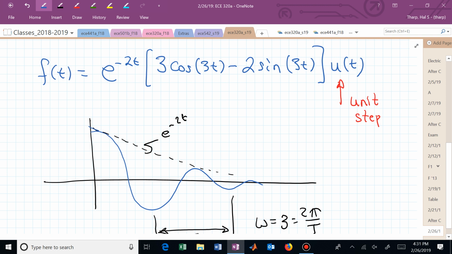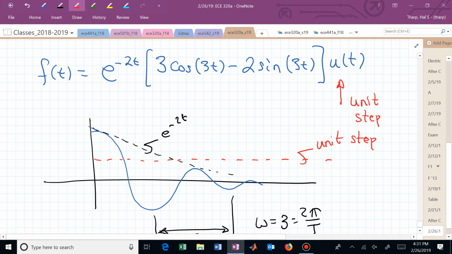I could plug in a minus 1, minus 2, minus 3, and it would just be going bigger and bigger back behind t equal to 0. By putting this magic little unit step right there, what I'm doing is I'm now turning on the signal.